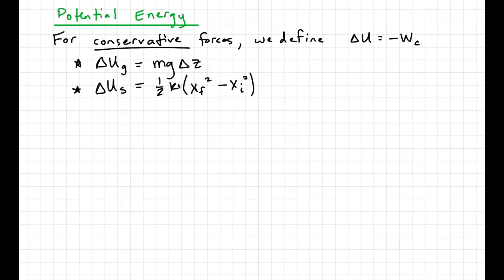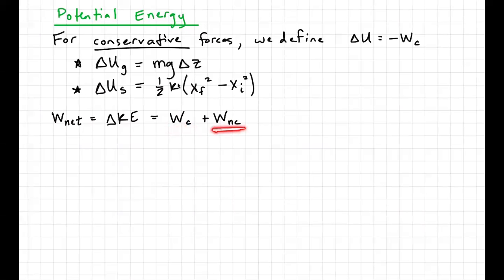So why are we doing this? Well, if we look back at the work energy theorem, it says the net work is equal to the change in kinetic energy. So let me split the net work into two parts. There's the work done by conservative forces and the work done by non-conservative forces. So this part would just be an integral F dL where the F there represents all the conservative forces in a problem.